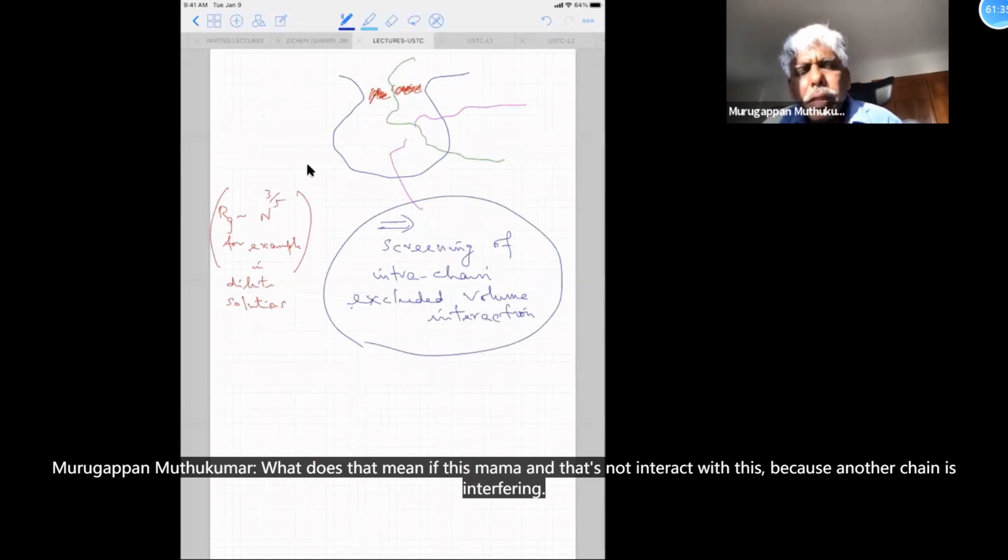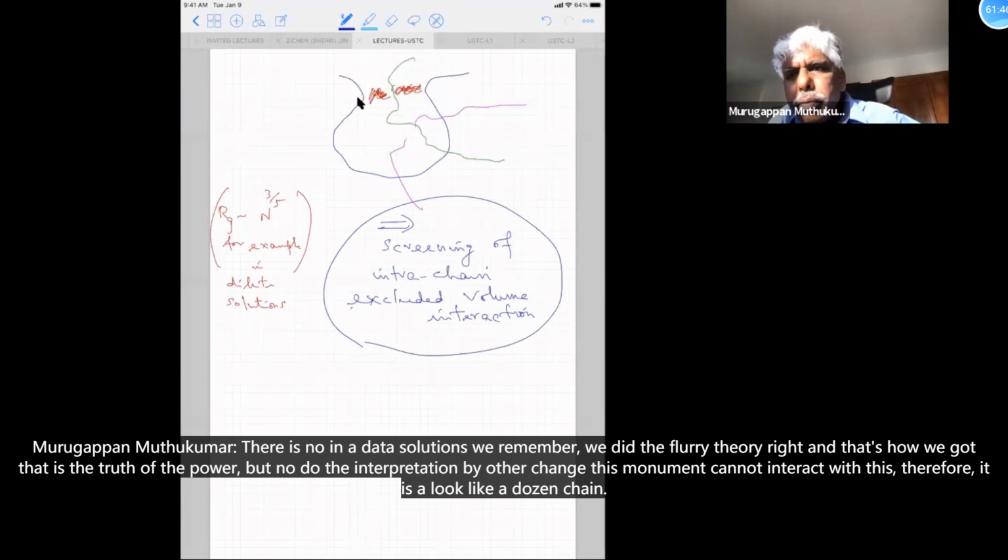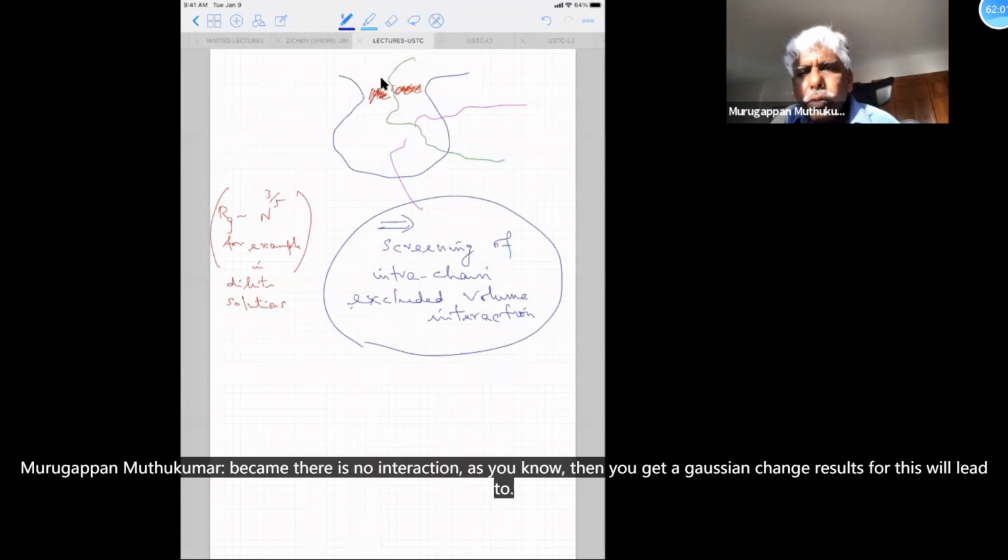What does that mean? In dilute solutions, we remember we did the Flory theory, and that's how we got this 3/5 power. But now, due to interpenetration by other chains, this monomer cannot interact with this one. Therefore, this will look like a Gaussian chain, because if there is no interaction, as you know, you get a Gaussian chain result.